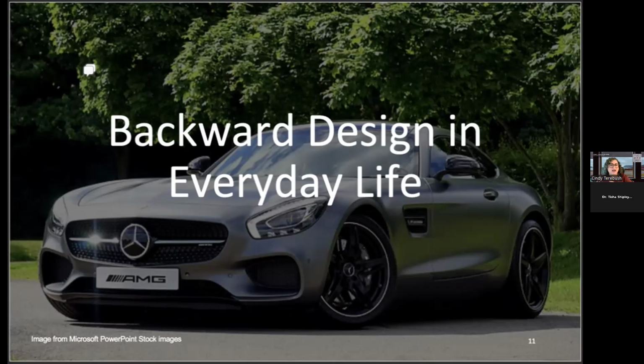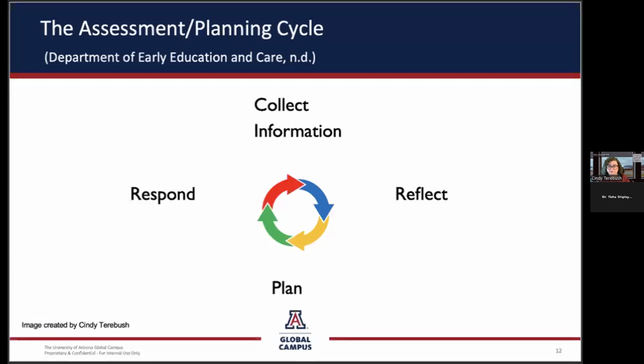So we're going to start. I'm going to get you on that pathway, your own pathway of learning, where your goal is to learn to plan using backward design. And you may be starting where you have never done that before. So let's take you on an educational pathway so that you understand exactly what every step looks like in the assessment and planning cycle.